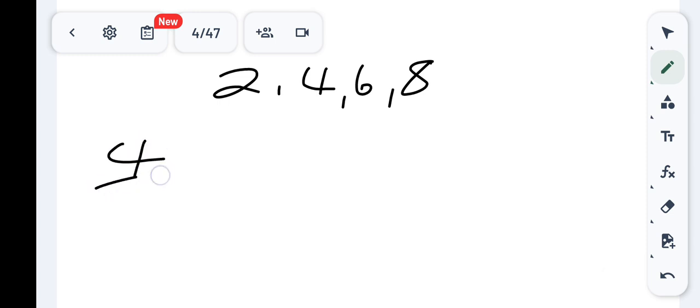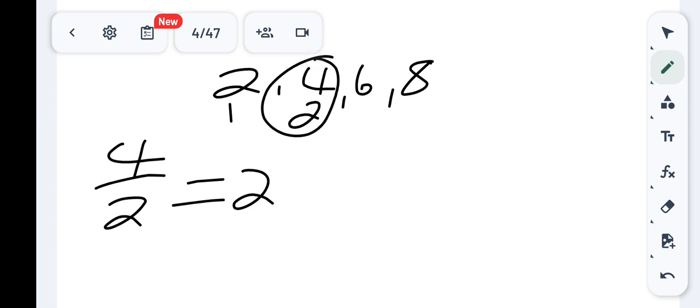So you will divide 4 by 2 and you will get 2. Let's identify the value that is in position number 2 from the left. 1 2, as you can see, it's 4. And again, let's find the value that is in position number 2 from the right hand side. That is 1 2. So as you can see, 6 is the middle term from the right hand side.